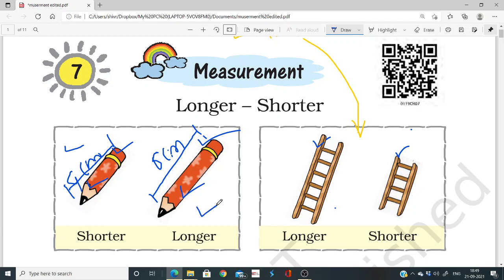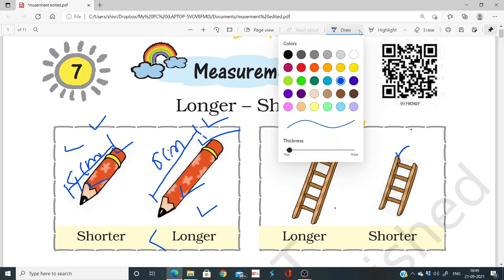This 6 centimeter is longer than this 4 centimeter. Therefore our answer is that this is shorter and this is longer.